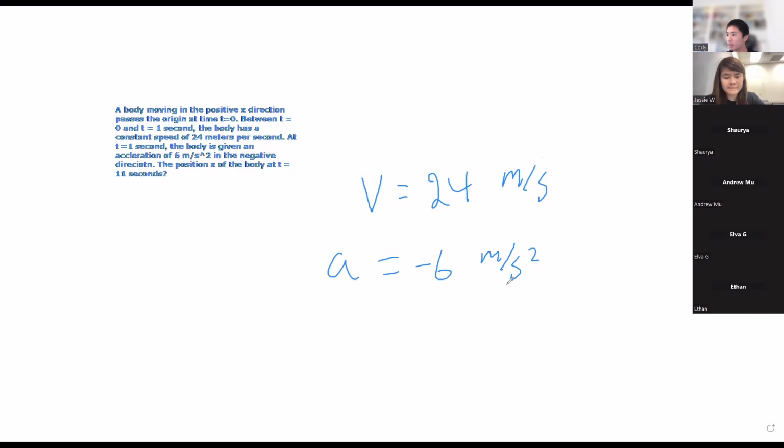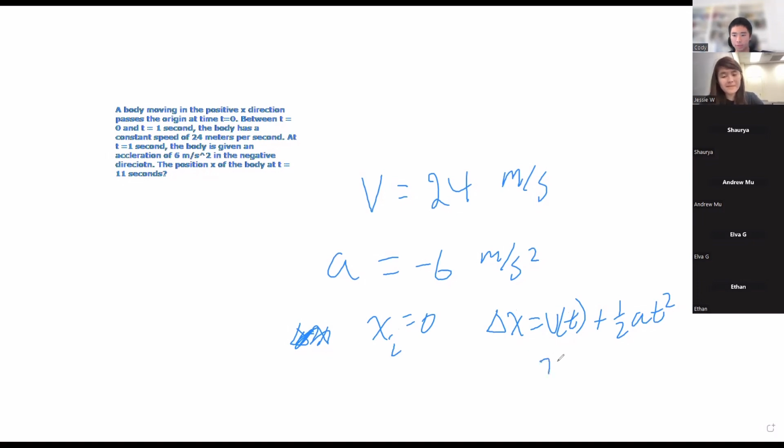At time 0, it's at the origin, so x initial is equal to 0, right? So then we just use the equation delta x is equal to vt plus 1/2 at squared, right? Initially the velocity is 24, and then we're doing this for 11 seconds.